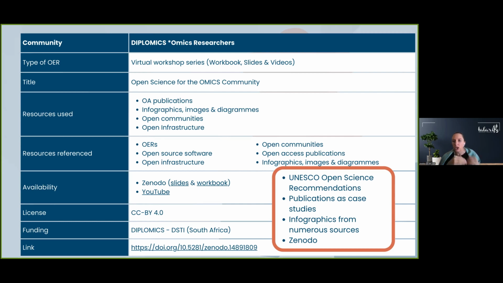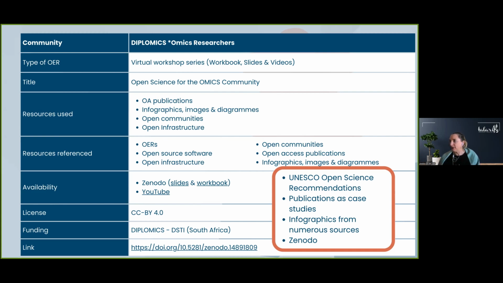Again, we're using open infrastructure to share an open educational resource that was created using open access publications, infographics, images, and diagrams that have been shared under open licenses. We're pointing to open communities, and we're always pointing people also to open source software that they can use in their own work.